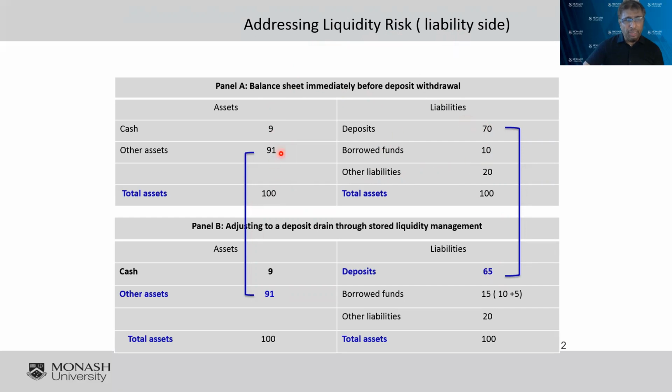I don't touch the asset side. I keep it as it is. I go and touch the liability side, which means I go and borrow. So the borrowed fund was 10, now it becomes 15 because I borrowed 5.